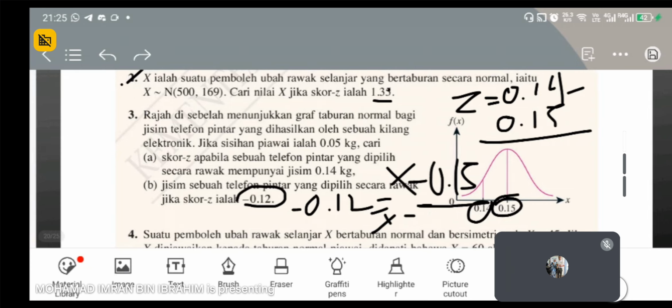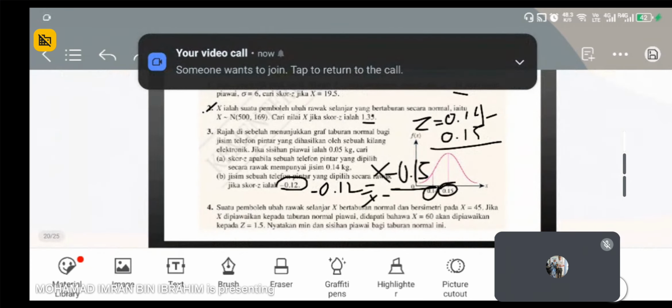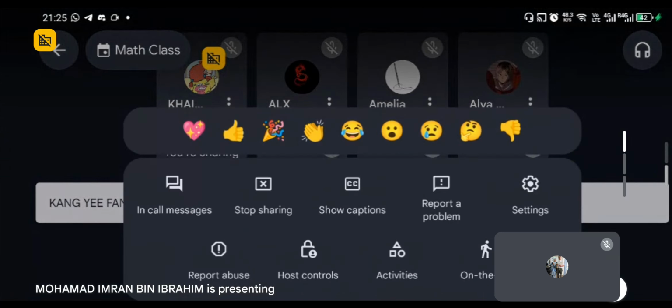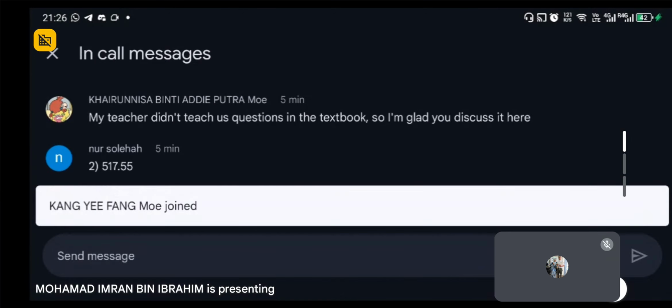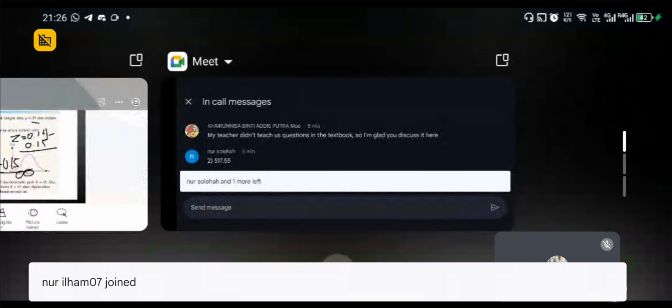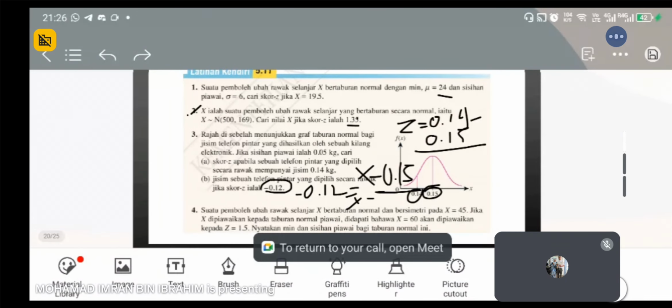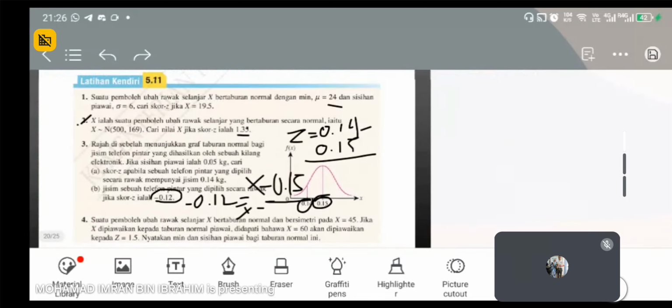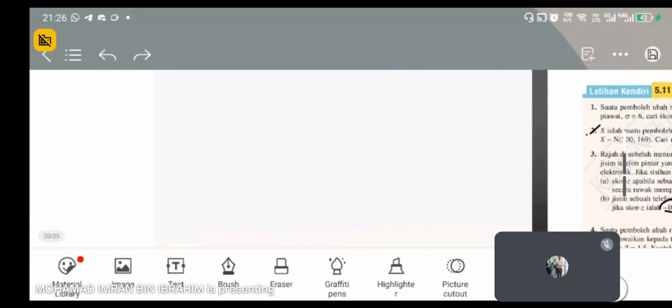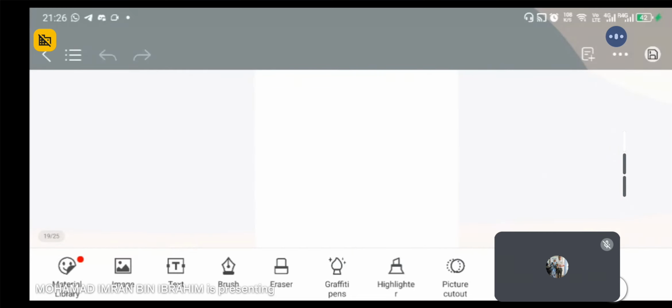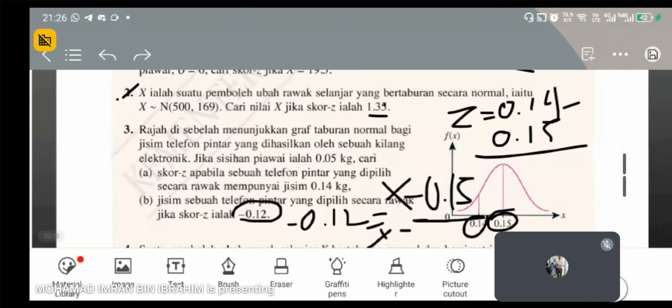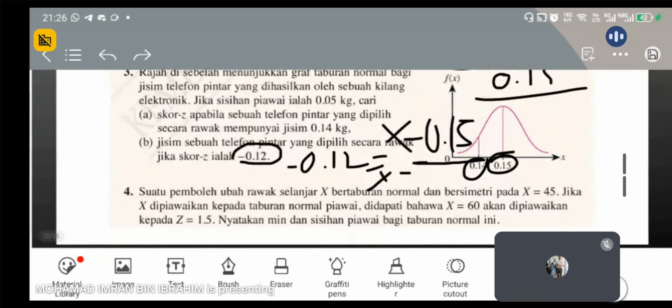Alright. Okay guys. Right. For the fourth question, try to do here. Fourth question, they are asking suatu pemboleh ubah rawak selanjar X bertabur normal dan bersimetri pada X sama dengan 45.